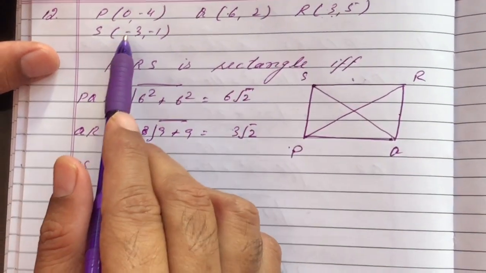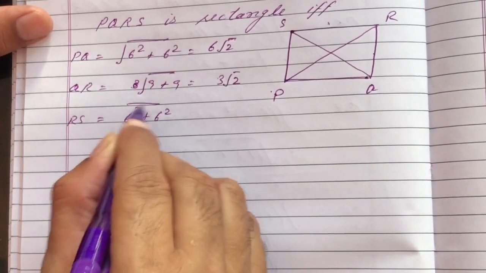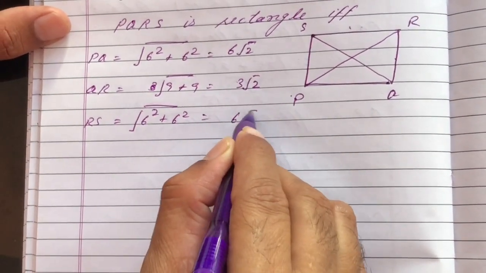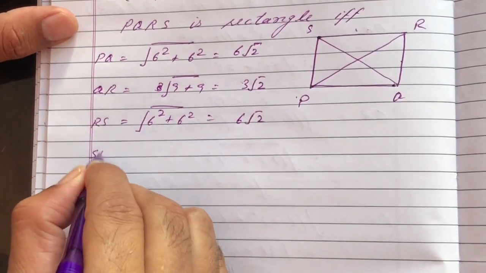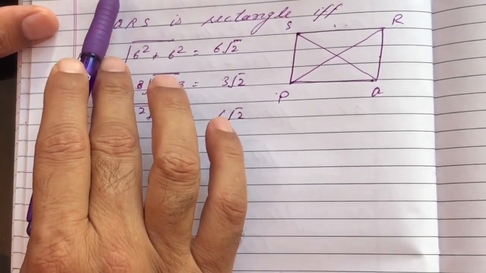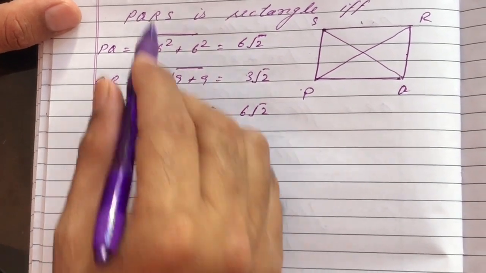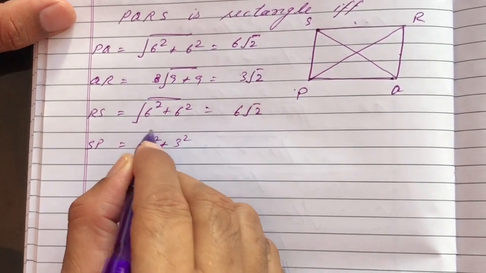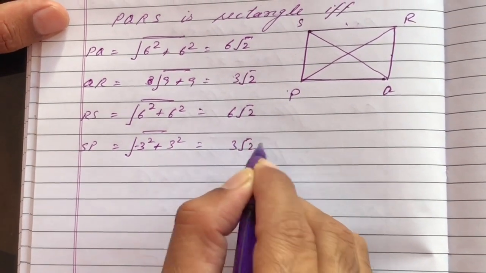RS is 3 minus 3, 6 square, 5 plus 1, 6 square, it is 6 root 2. Then SP: minus 3 minus 0 square, 3 square, minus 1 plus 4 square, 3 square, so it is 3 root 2.